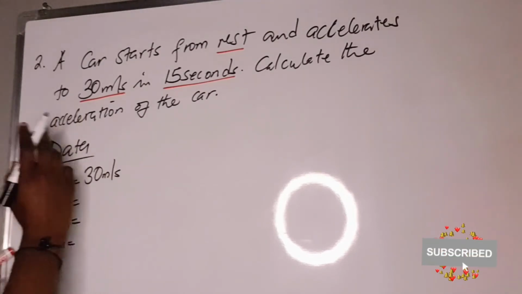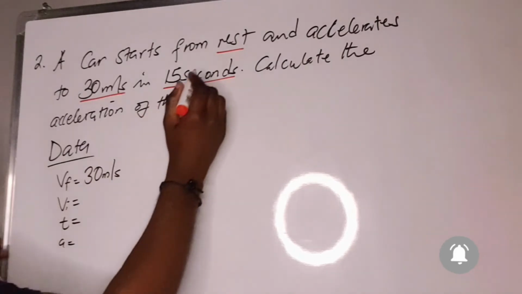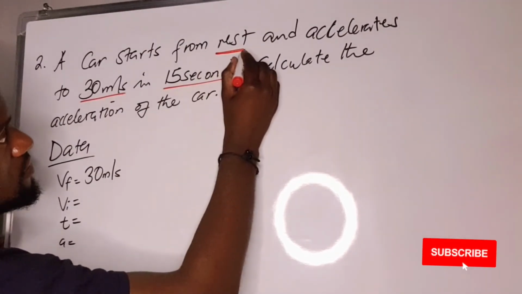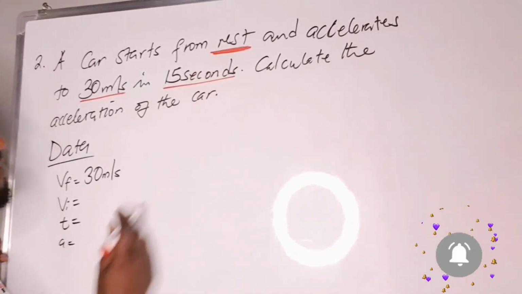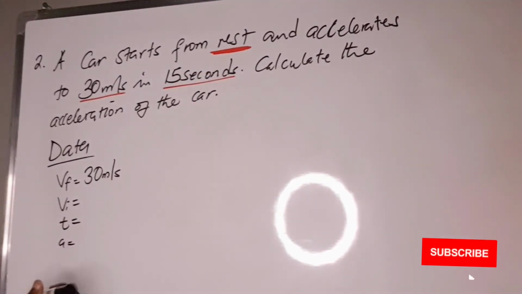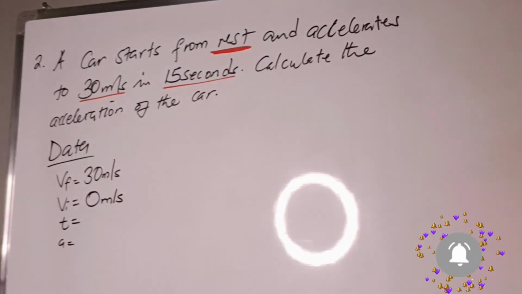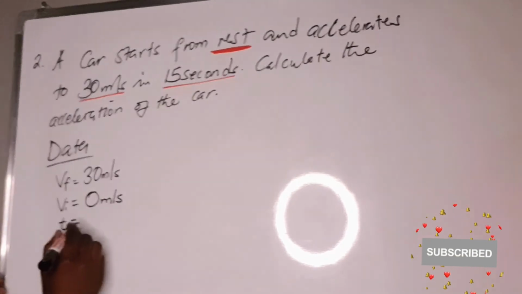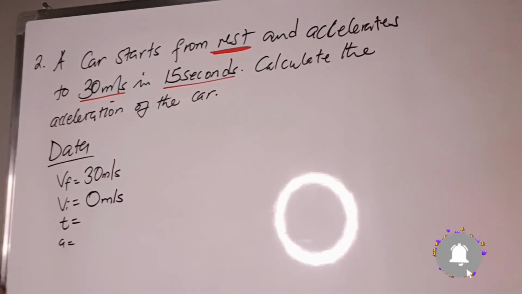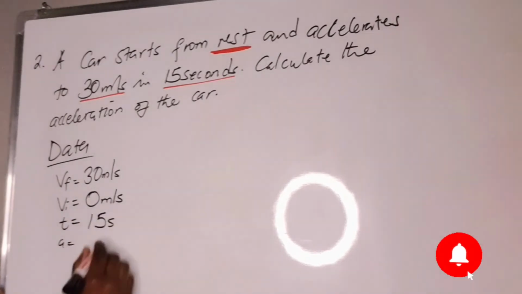Then our initial velocity, in the question, it is saying started from rest, meaning the car is starting from rest. So our initial velocity is 0 meters per second because it started from rest. Then the time taken for it to move from 0 to 30 meters per second is 15 seconds.